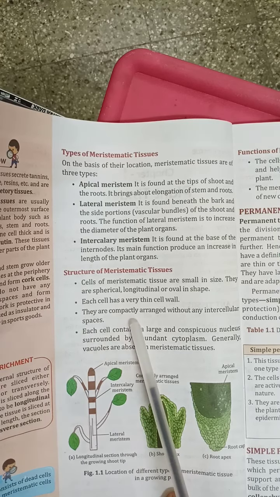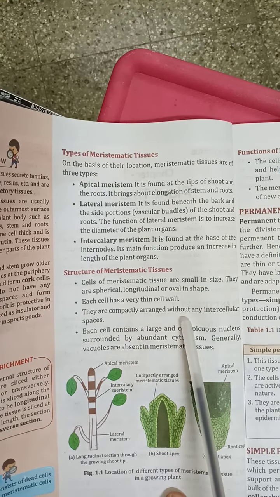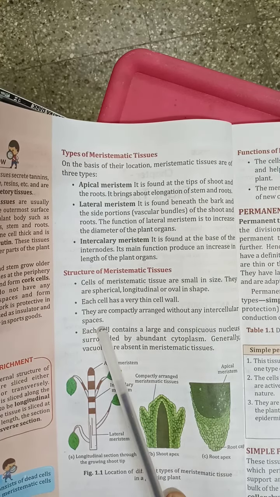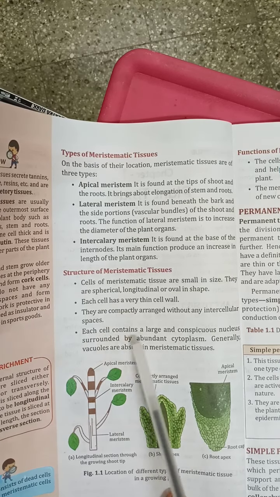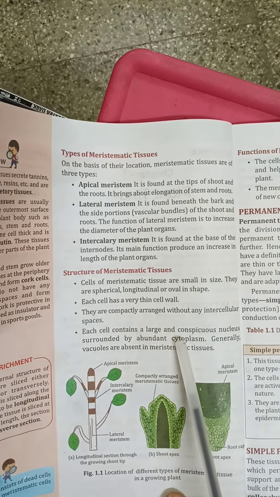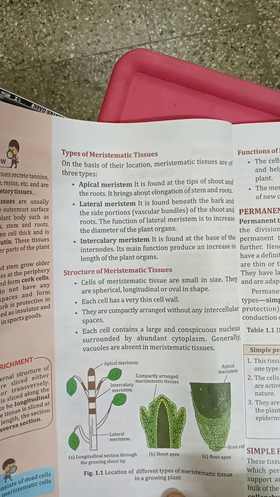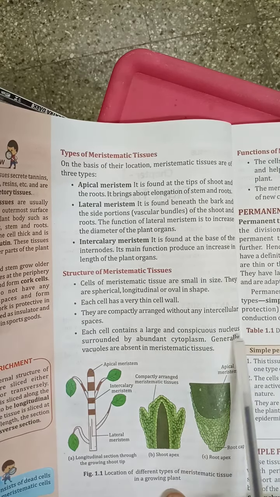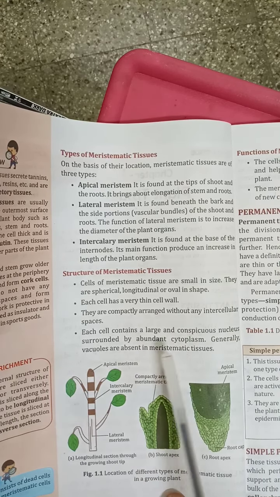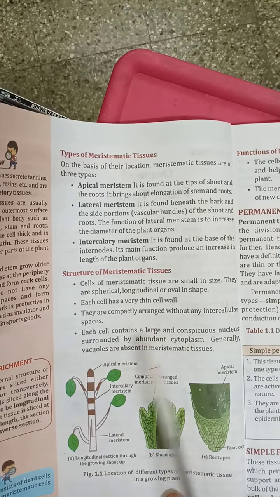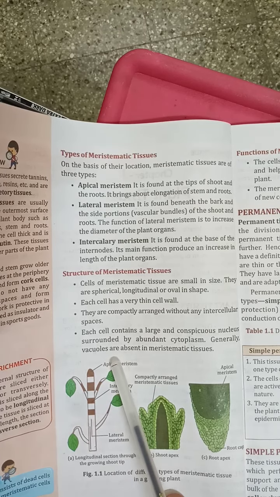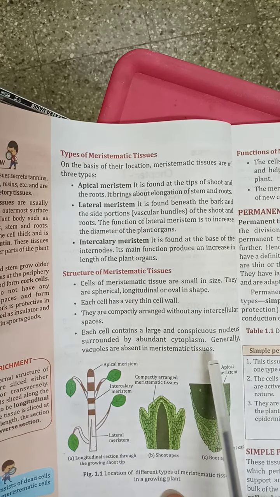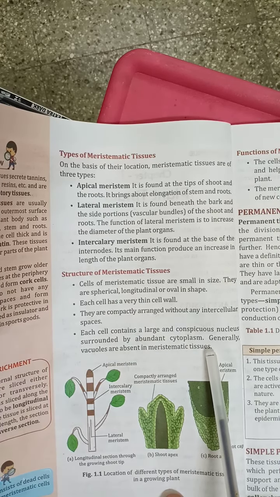They are compactly arranged without any intercellular spaces. Each cell contains a large and conspicuous nucleus, that means a nice big nucleus, which is surrounded by abundant cytoplasm. Right? Vacuoles are absent in meristematic tissues.